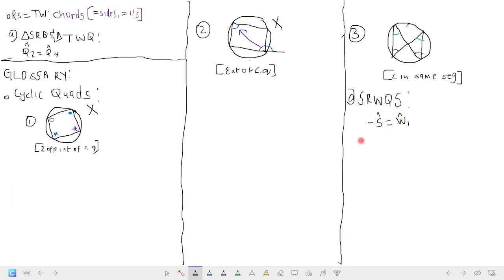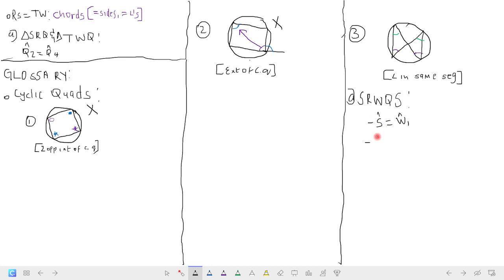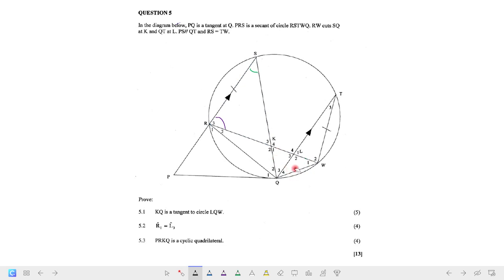And secondly, this angle R3 is the same as Q3 plus Q4.